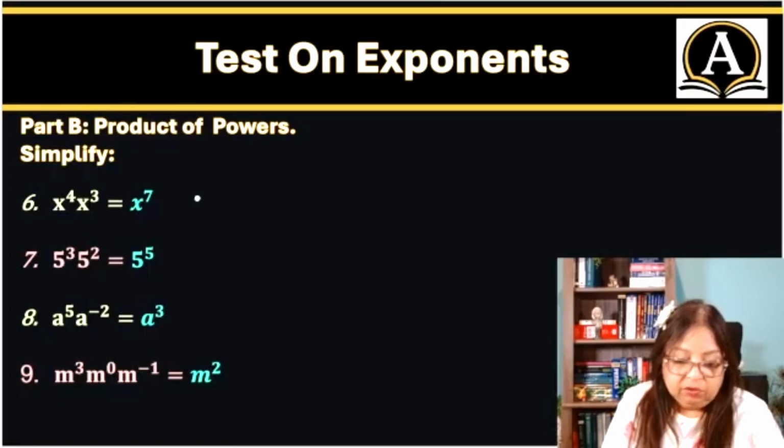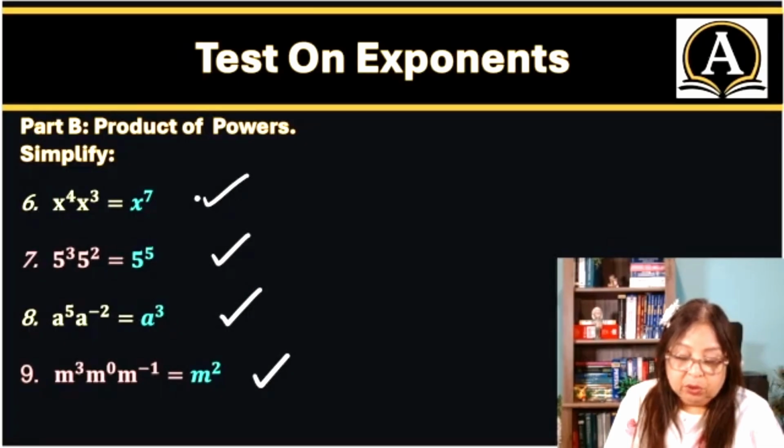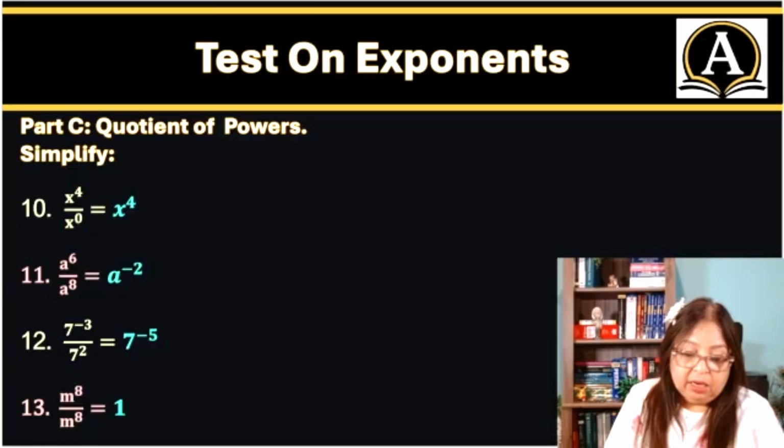Number 6, the answer is x to the power 7. Number 7, the answer is 5 to the power 5. Number 8, the answer is a to the power 3, a cubed. Number 9, the answer is m to the power 2, m squared. Moving on. Number 10, the answer is x to the power 4.